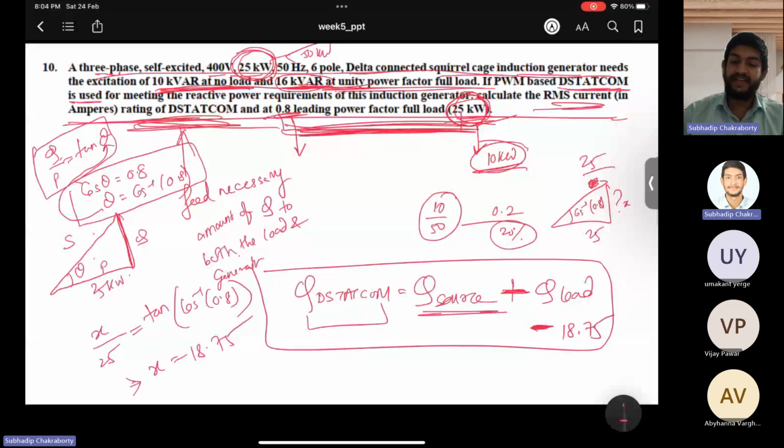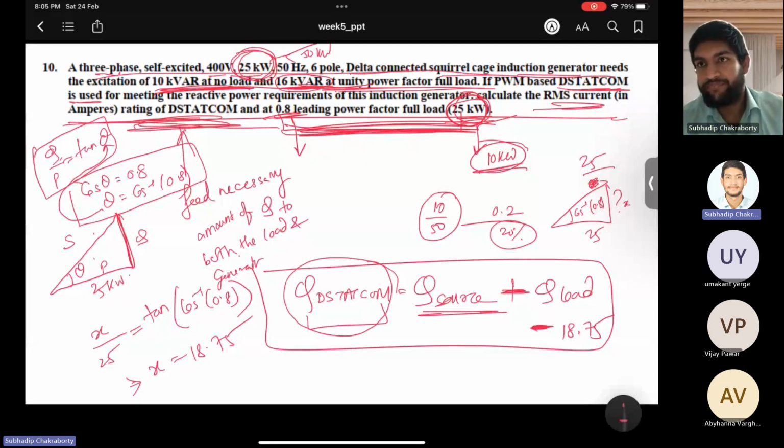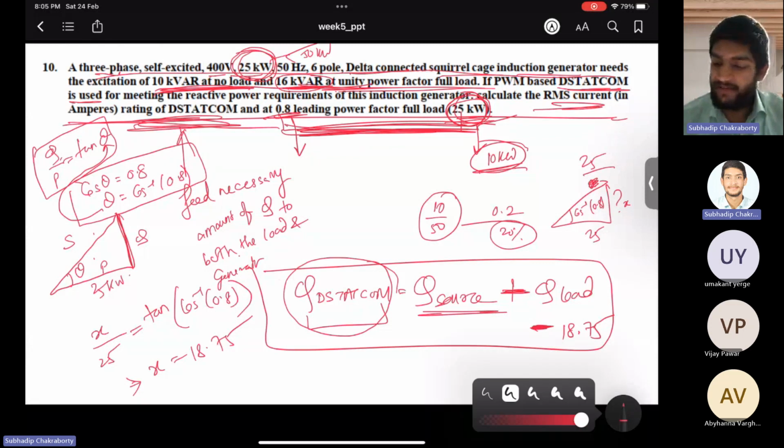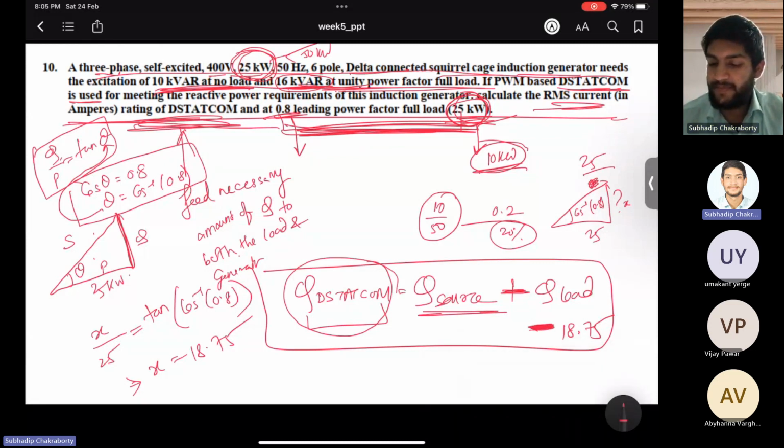So for DSTATCOM, it is supplying to the source and to the load. But load is feeding power to the DSTATCOM. That's why it is negative reactive power. But DSTATCOM as a source should feed the reactive power, not take the reactive power. That's why we have plugged in negative. Another part, it is feeding to whom? The inverter.